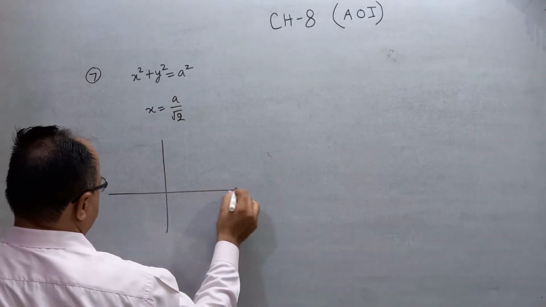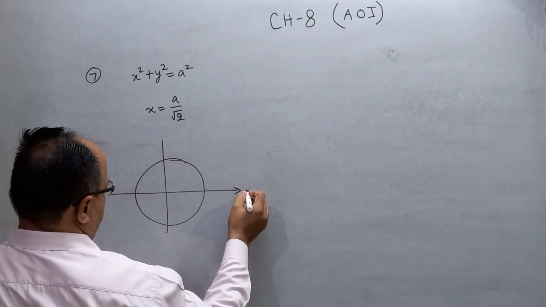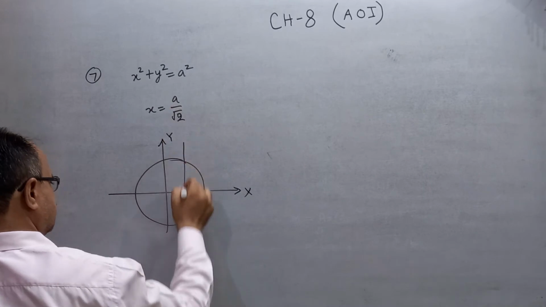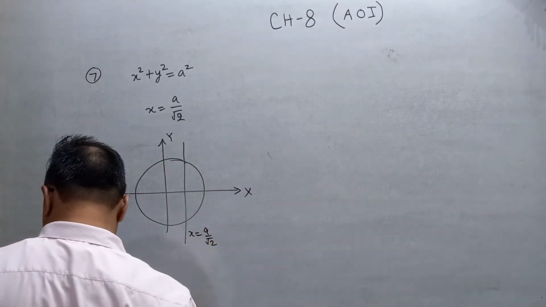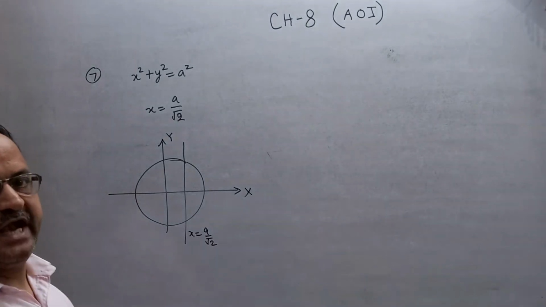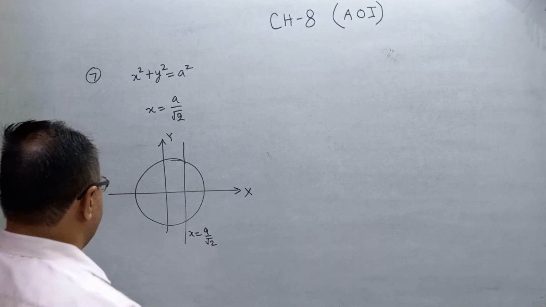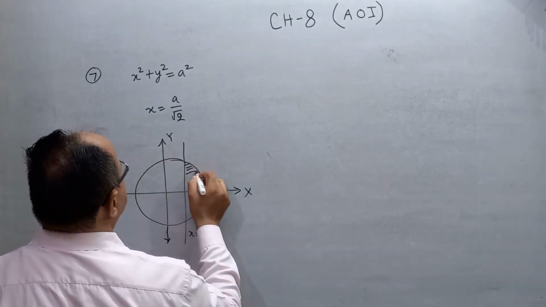You know that this is the equation of circle, and this is x axis, y axis. X is equal to a by root 3 in this portion. It means the line parallel to y axis. X is equal to a means the line parallel to y axis. It means you have to find this area.